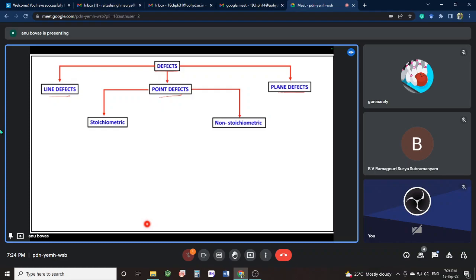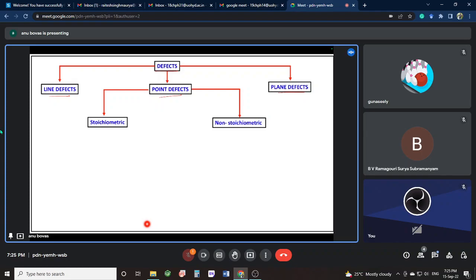Whereas in the case of line defects, a linear disturbance to the periodic arrangement of the structural entities happens, such as an imperfection arising in a particular row or column of a crystal during its crystal growth. Now, the plane defect means an entire plane is having a disruption of the periodic arrangement of lattice points. This can be called a plane defect or a surface defect.